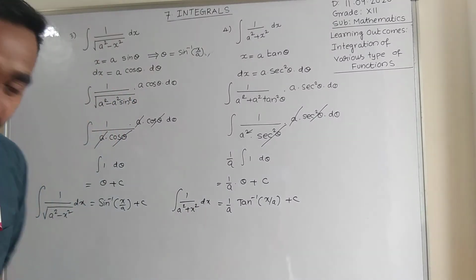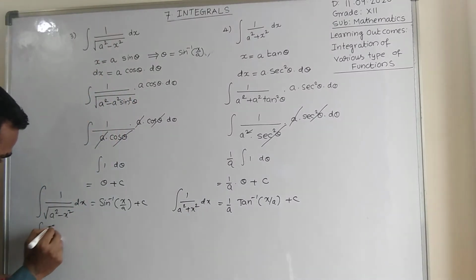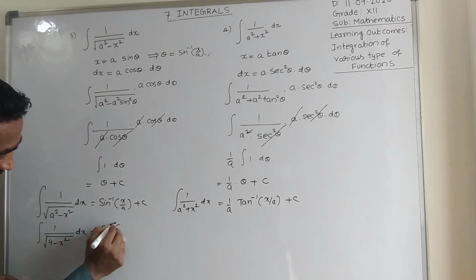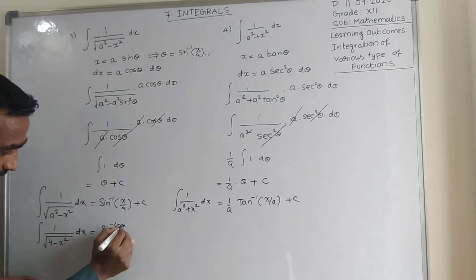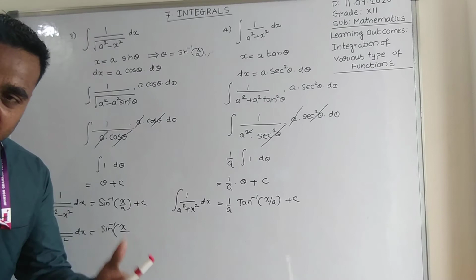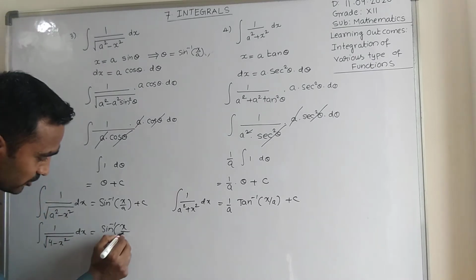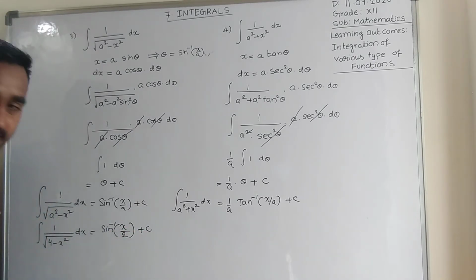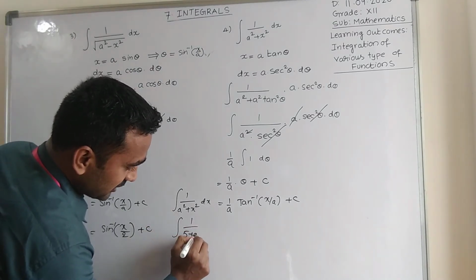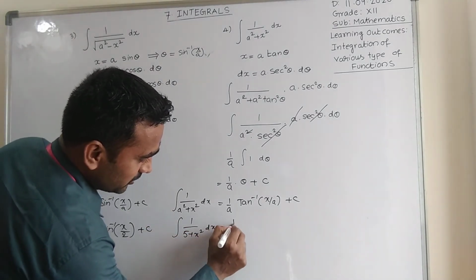So students, two examples. One example: integration of 1 upon 4 minus x square dx is equal to sin inverse of x by a. And what is the value of a here? A is 2, since a square is 4, hence it is sin inverse x by 2 plus c. This is one example. And here, 1 upon 5 plus x square dx is equal to 1 by a tan inverse x by a.